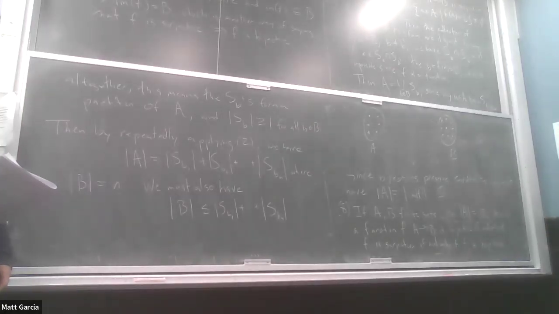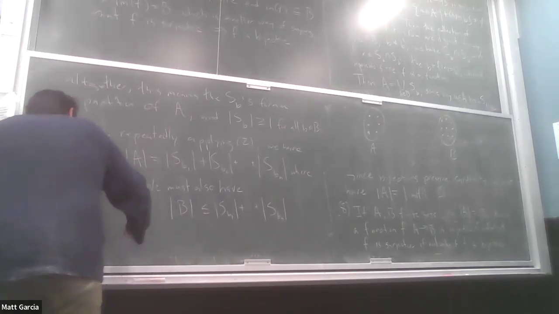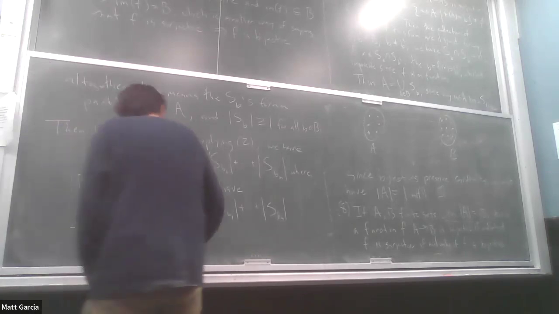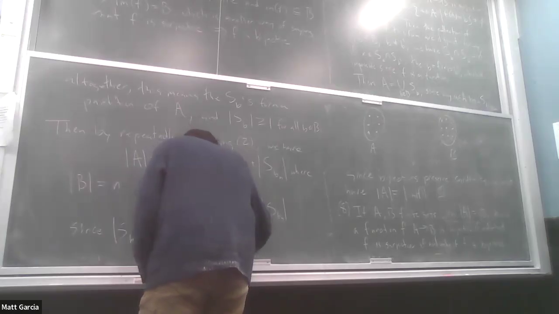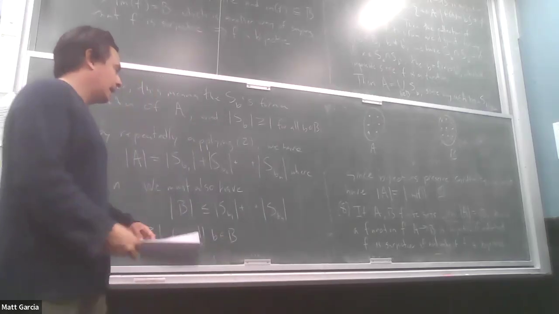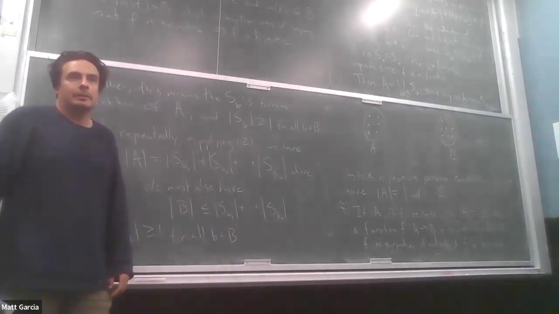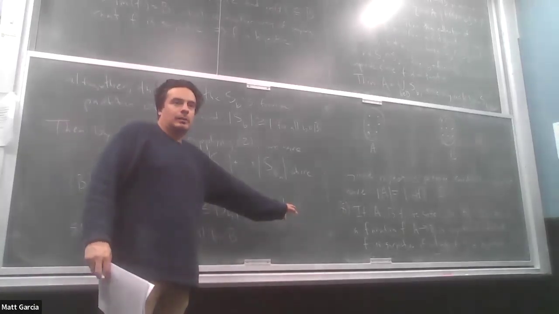Since the cardinality of S sub B is at least one for all B in B, and I have one of these sets for each element of B, I have at least n ones on the right.